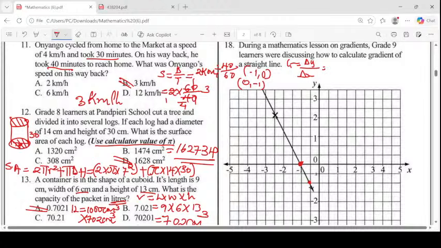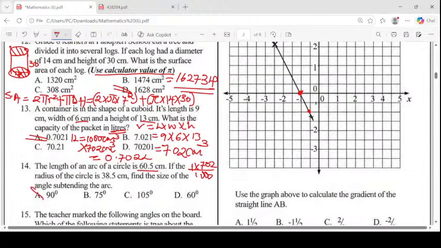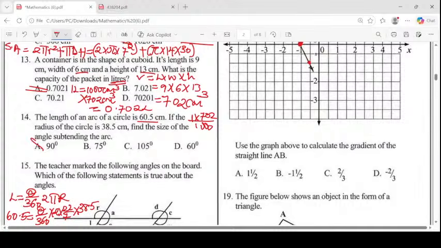My change in y, dear learners, is negative 1 minus 0 all over 0 minus negative 1. So negative 1 minus 0 is negative 1 over 0 minus negative 1 is positive 1. So negative 1 divided by 1 is negative 1. So the gradient in this case is negative 1.